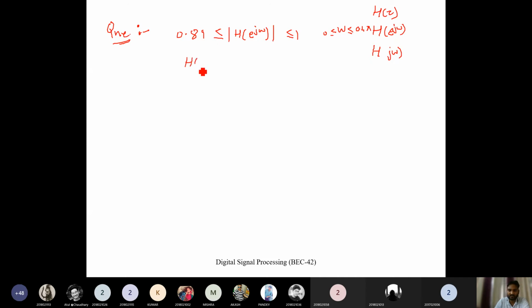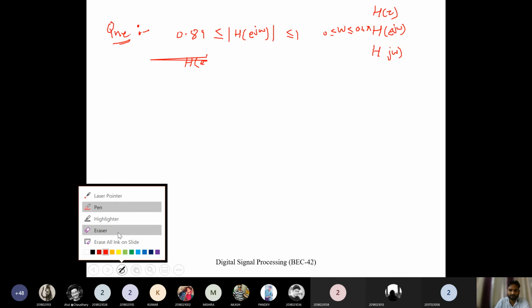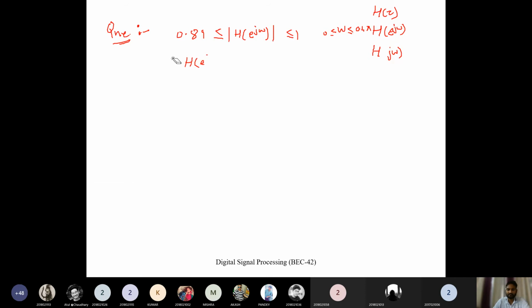Similarly, the magnitude response in the case of frequency ranging from 0.6 pi to pi is given as less than 0.18.